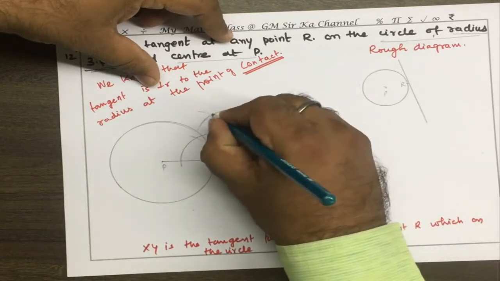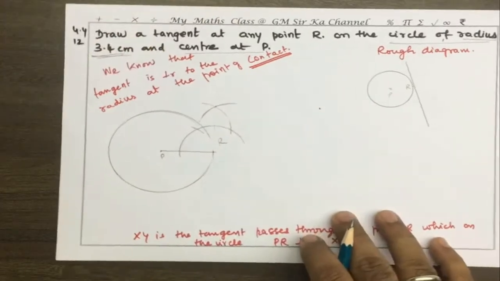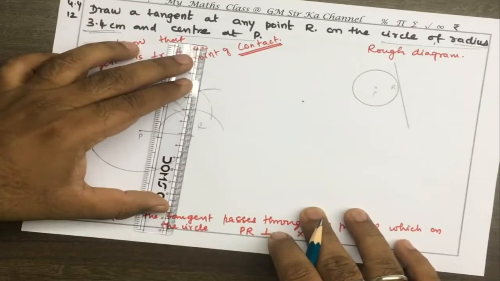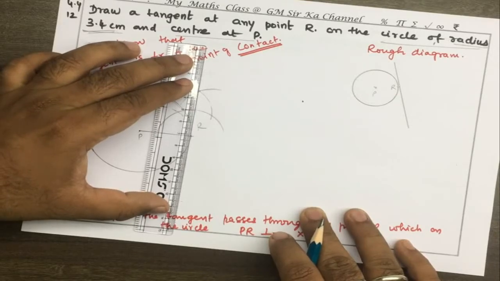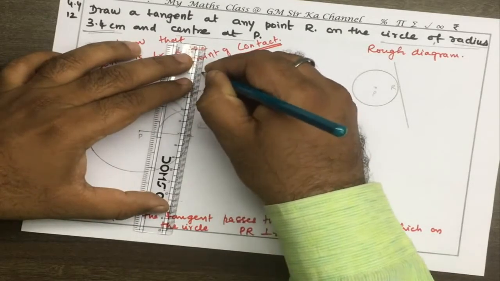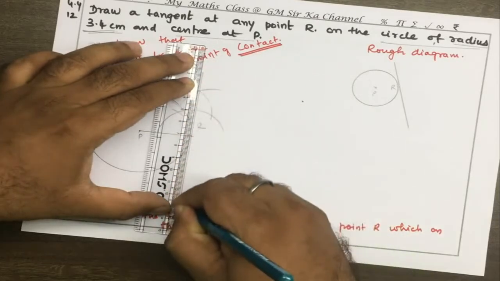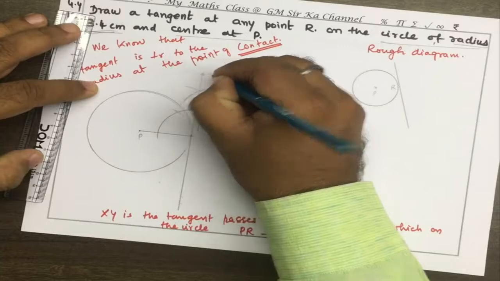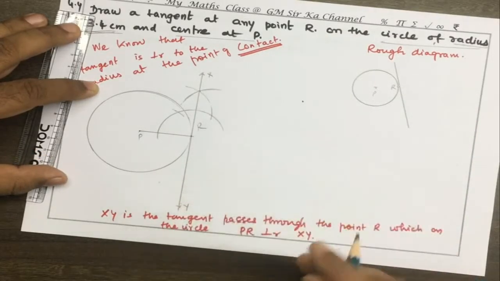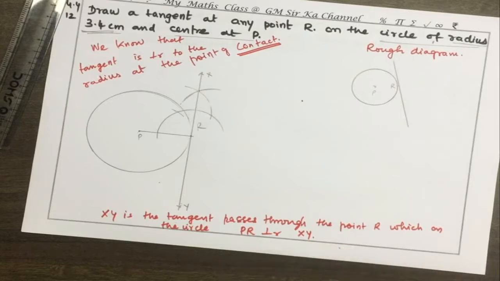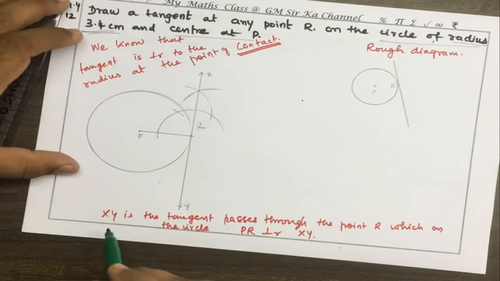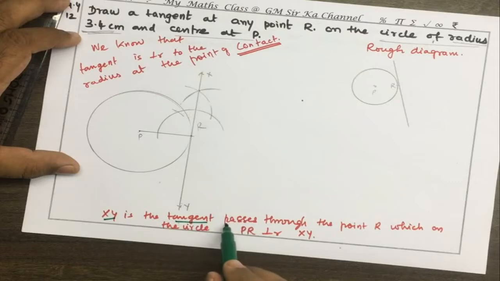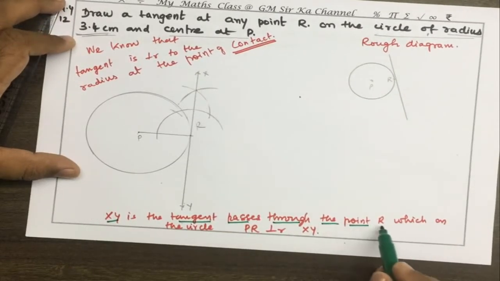Both the arcs intersect at some point, and that point and R both can be joined together to get the tangent through the point R, which is on the circle, and the tangent is taken as XY. So XY is the tangent that passes through the point R which is on the circle, and PR is perpendicular to XY.